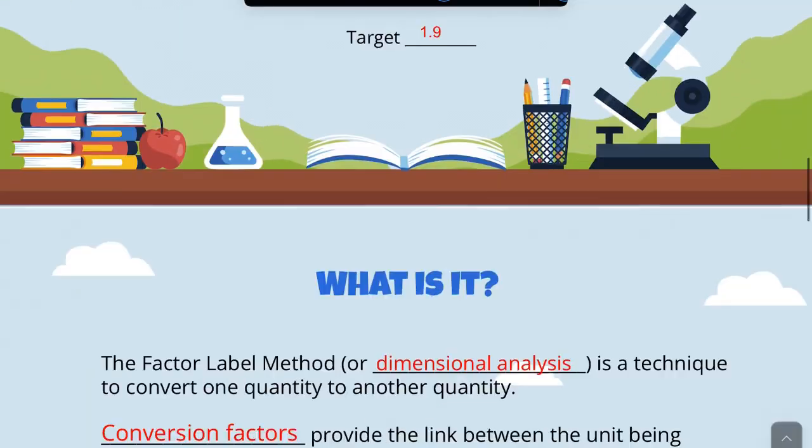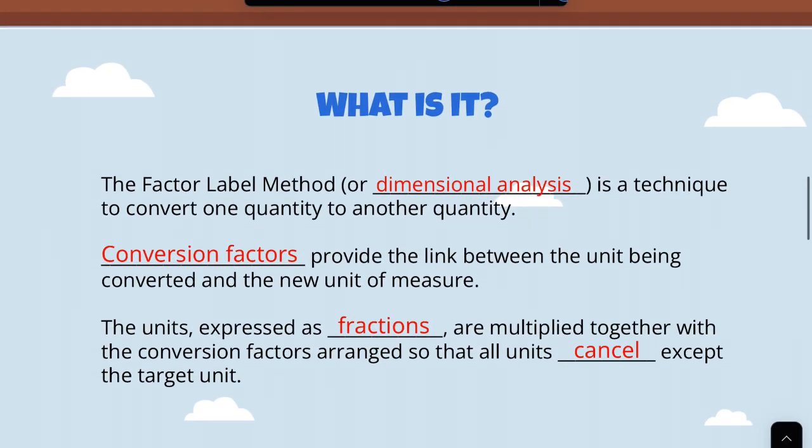So what is the factor label method? The factor label method, or sometimes it's called dimensional analysis, but here at Lake Forest we call it the factor label method. It's a technique to convert from one quantity to another quantity. And how we do this is we use conversion factors.